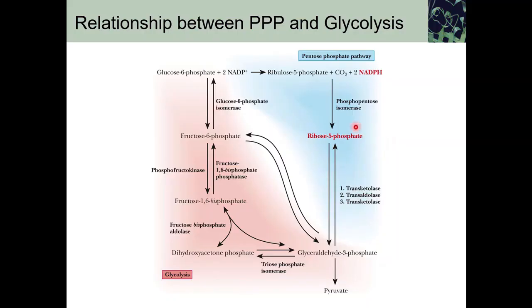If you just need ribose 5-phosphate and you do not have intense need for NADPH, in that case, only the non-oxidative part of the pentose phosphate pathway is encouraged, not the oxidative part of the pentose phosphate pathway.